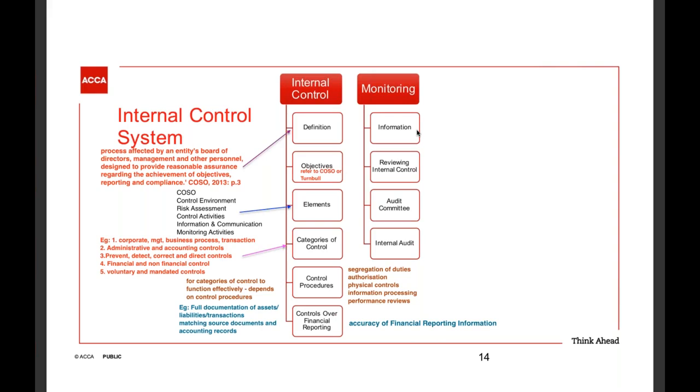Why is it so crucial? You need to know what kind of information you should be providing to those at the strategic level, those at the tactical level, that is managerial level, and those at the operational level.